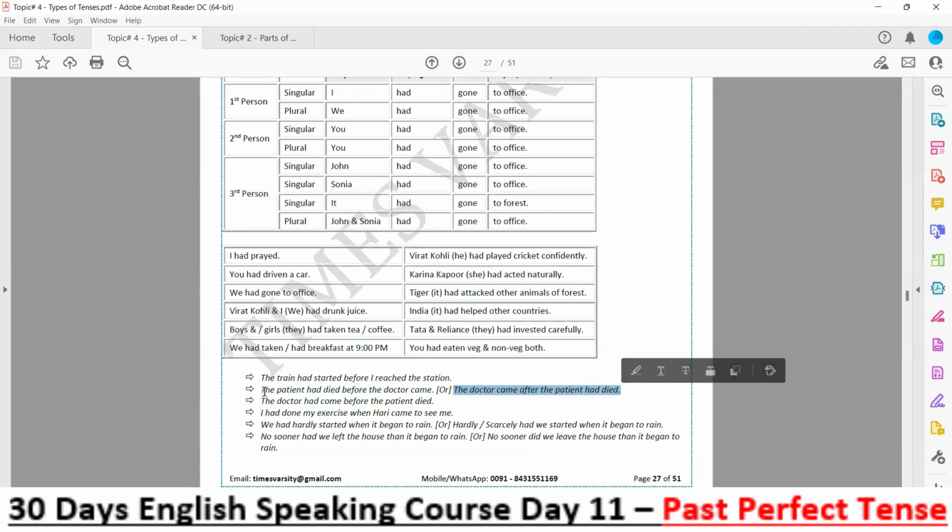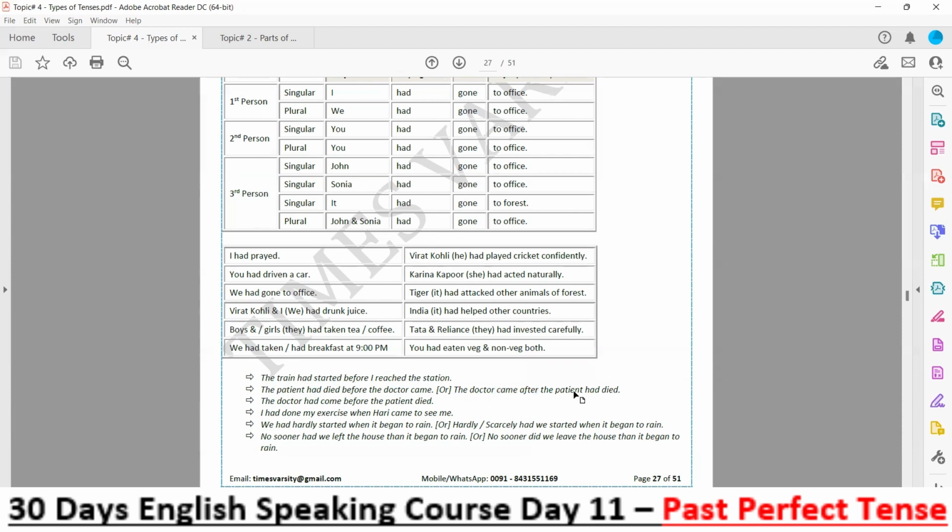In the first sentence, you are using past perfect tense, the patient had died, before, then you are adding past indefinite. But in the second sentence, you are starting with past indefinite and then past perfect tense.